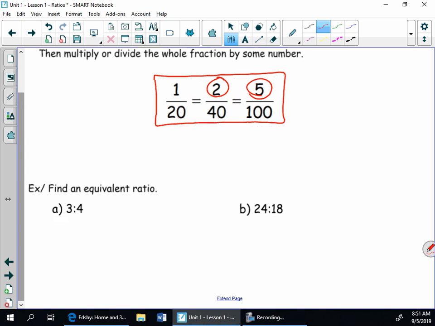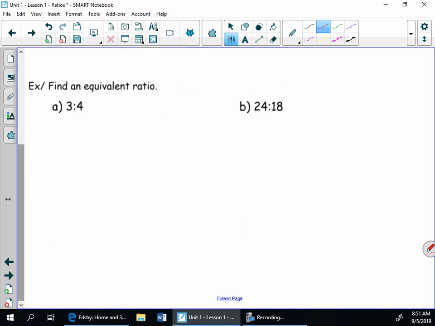Well, the easiest thing to do is start by making it a fraction. If you're given a ratio, turn it into a fraction. Then pick some factor, some number, to multiply by or divide by. And we said we could do either one. So for instance, if I double this, I'll get 6 over 8.